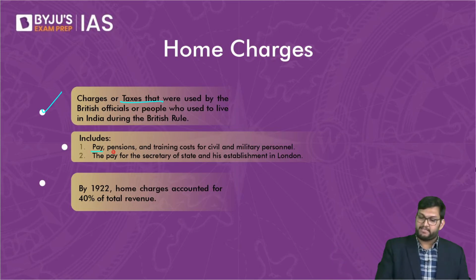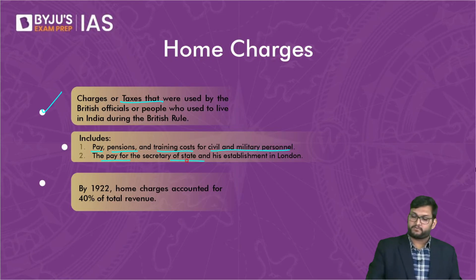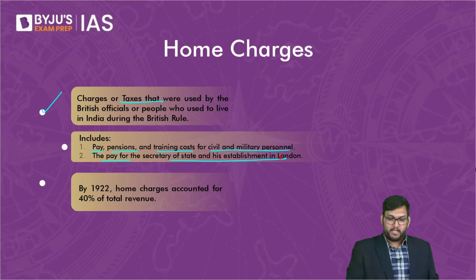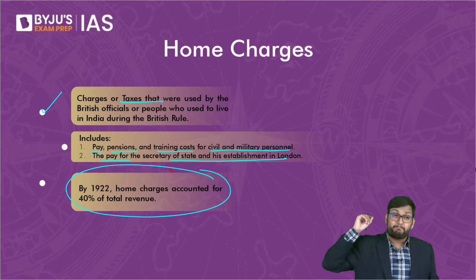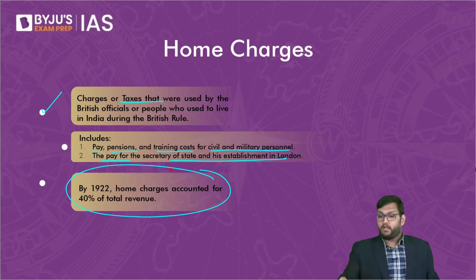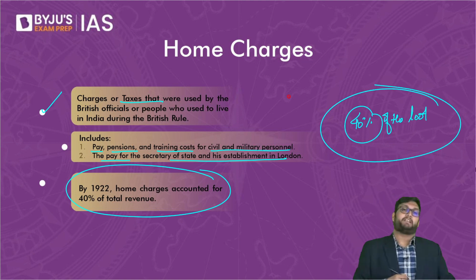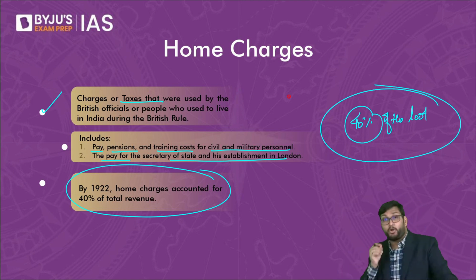Pay, pension, training costs, civil military personnel, pay of Secretary of State and establishment in London. In 1922, this accounted 40% of all total revenue which was going out of India. 40% of the loot was home charges. 40%, 40%.